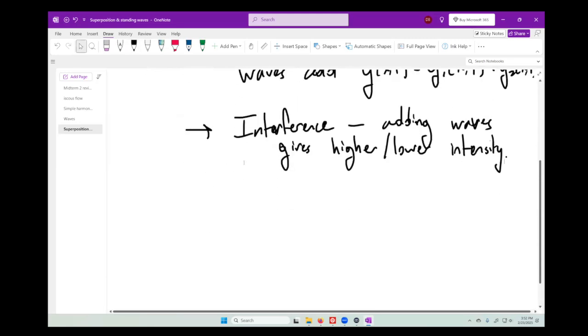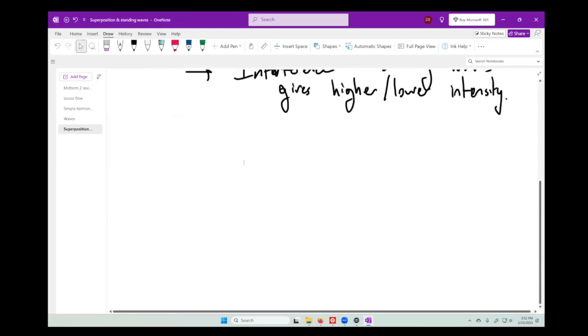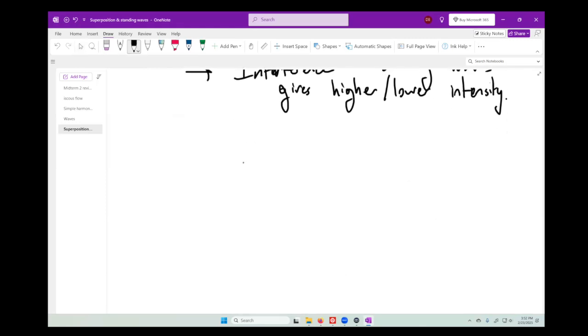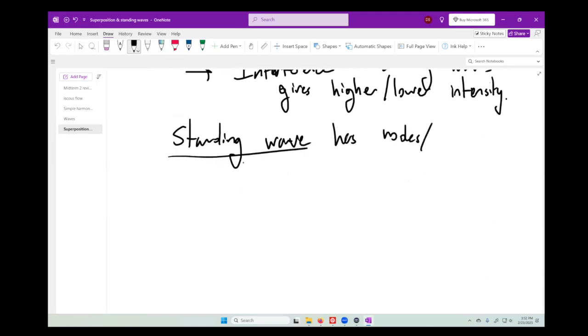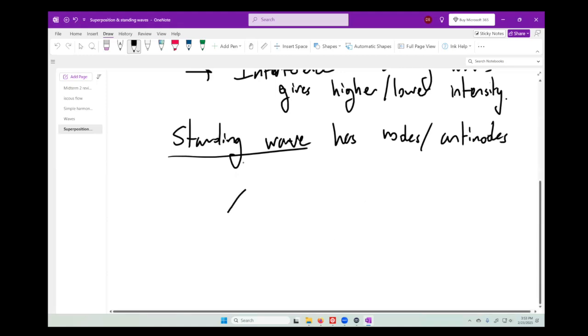All right, and one manifestation of this is if we take two traveling waves moving in opposite directions, then we get a standing wave. A standing wave is a wave that has nodes and antinodes in fixed positions. So one example of this would be a wave on a string where we have the ends of the string, which are fixed in place.